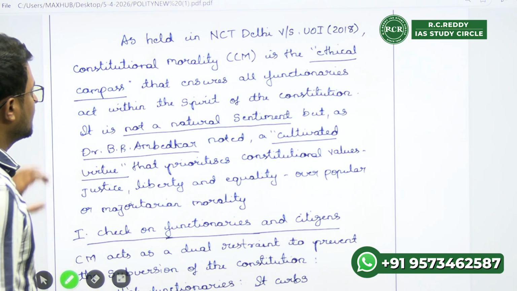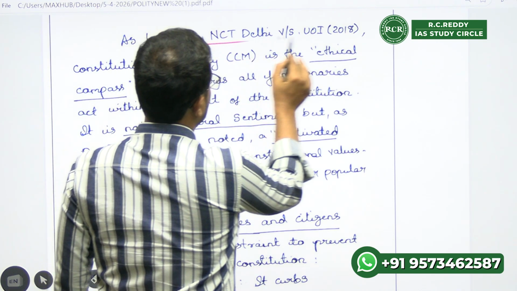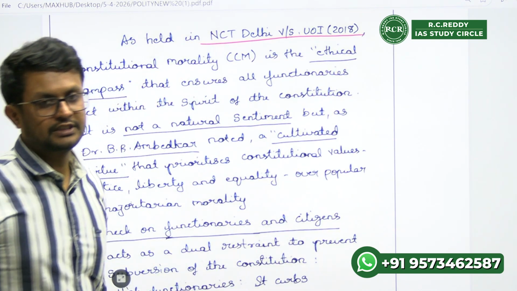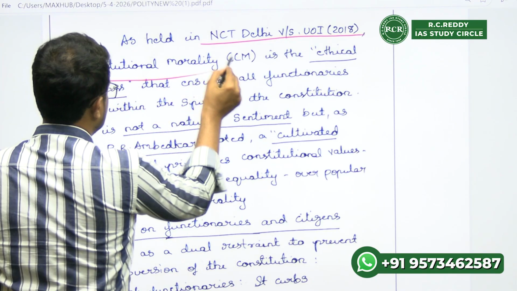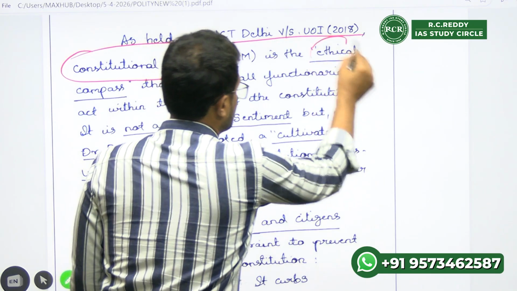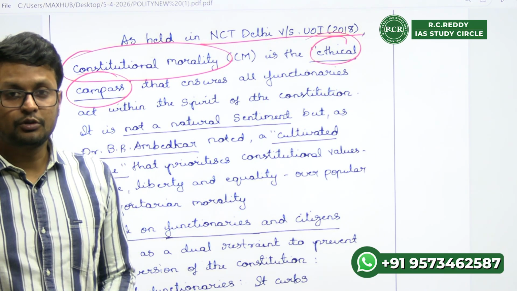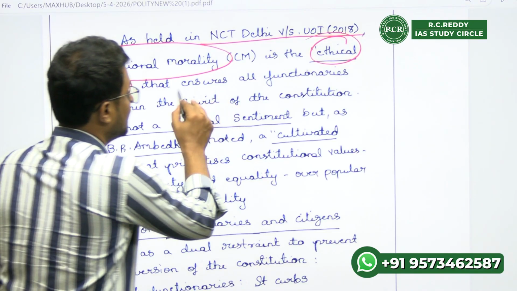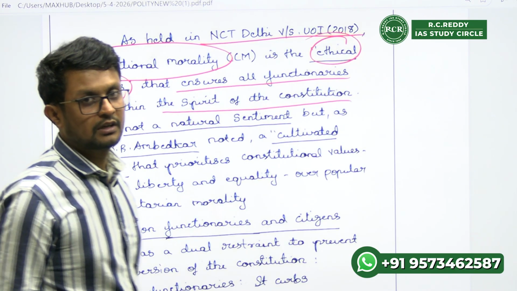Let us start the question by directly hitting the point of constitutional morality. The Supreme Court, in the case of National Capital Territory of Delhi versus Union of India 2018, has used this term constitutional morality, saying that it is an ethical compass that ensures all functionaries act within the spirit of the Constitution, right?